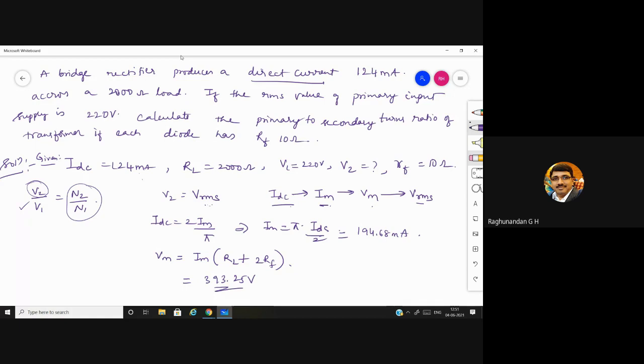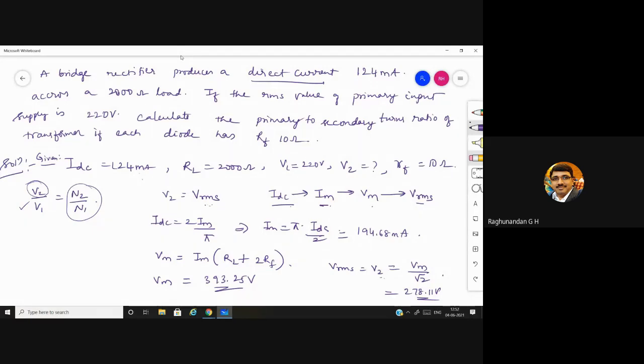Okay. So this is VM. Now from this you find out VRMS. VRMS is nothing but V2. So VRMS is equal to VM by root 2. 278.11 volt. So we found V2.